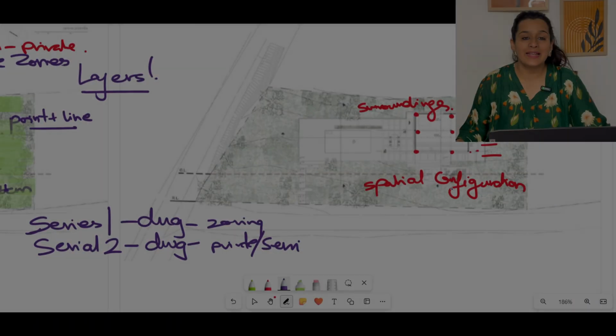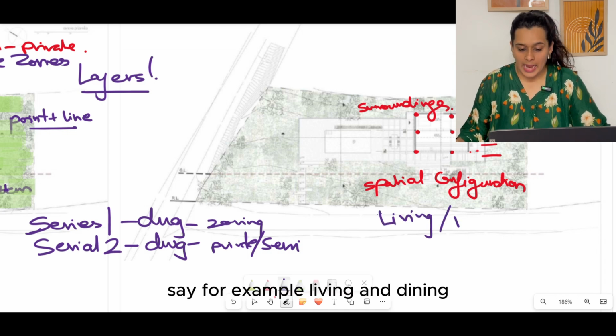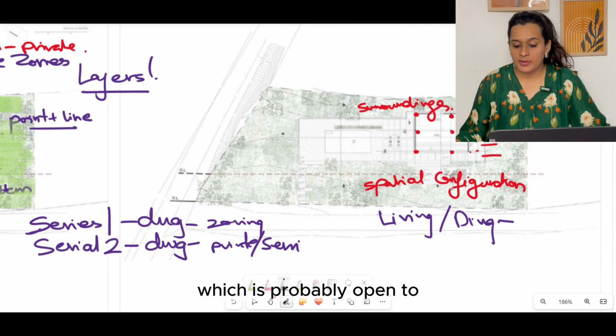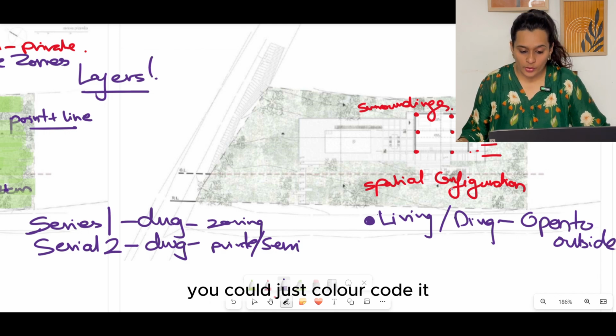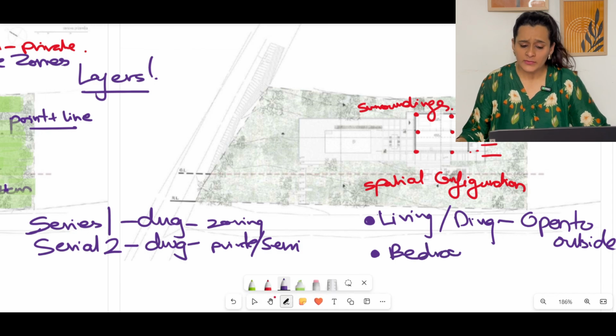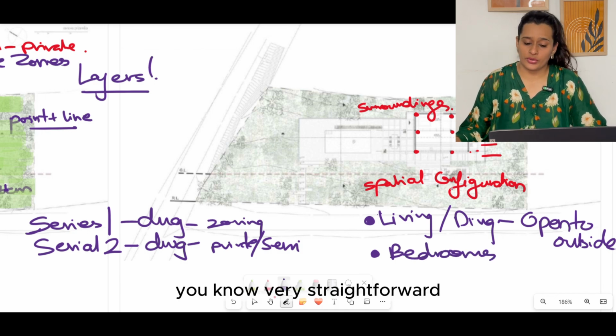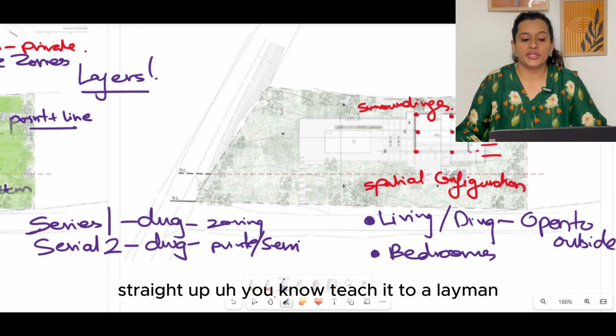Now it's very easy to just write the spaces down. Say for example, living and dining, which is probably open to the outside, and you could just color code it. And second, there are say bedrooms. So it's very straightforward to teach it to a layman.